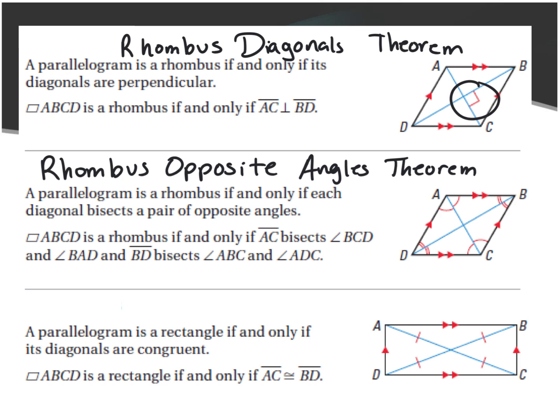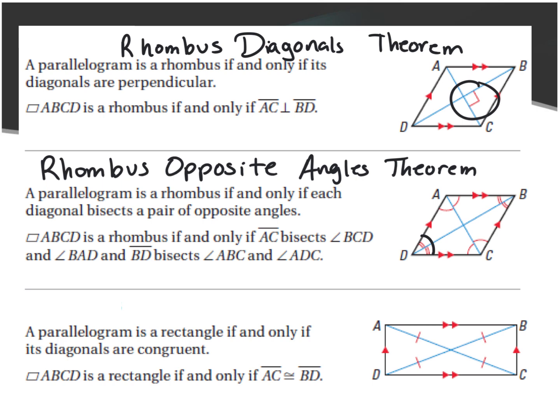So parallelogram ABCD is a rhombus if and only if AC bisects angles BCD and BAD, and BD bisects angles ABC and ADC. So what does that mean? By bisecting it, you guys remember that it's going to break up that angle into two equal parts. So if it breaks it up evenly from both sides and bisects the angle perfectly, then it's going to be a rhombus.